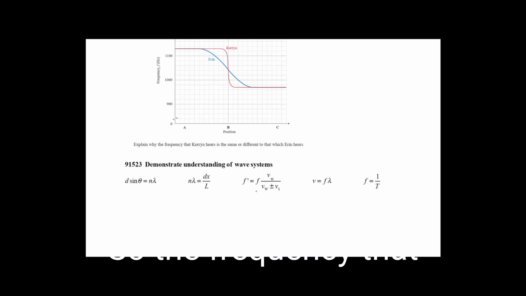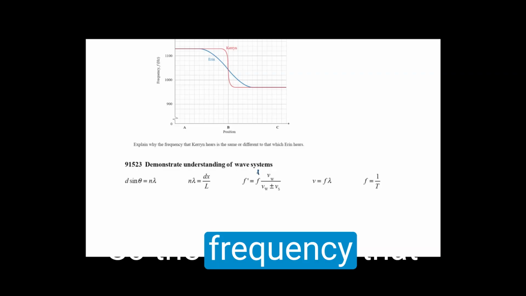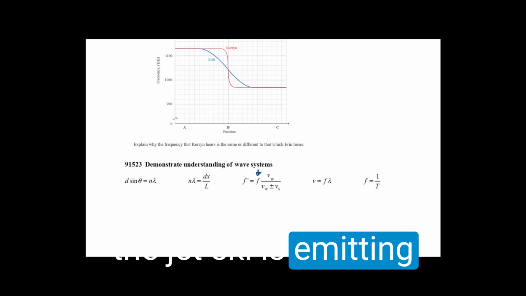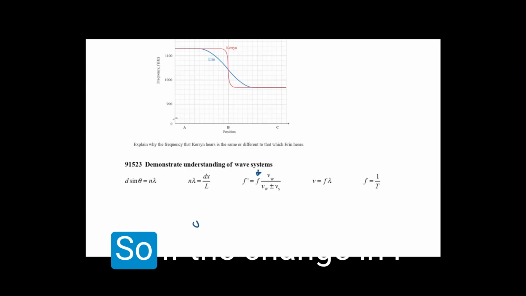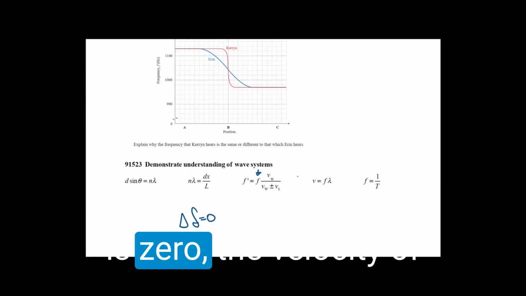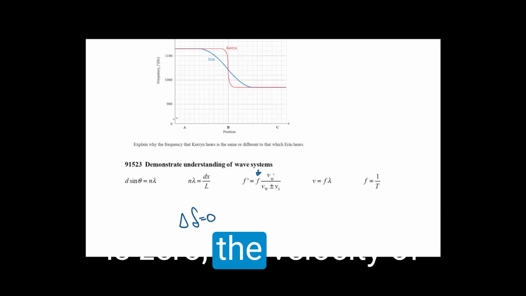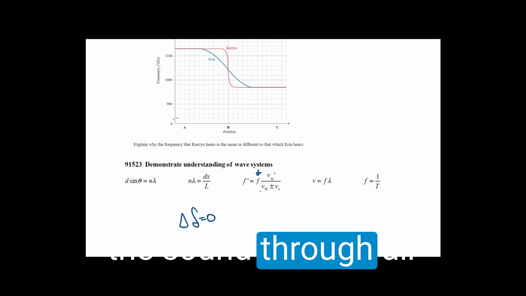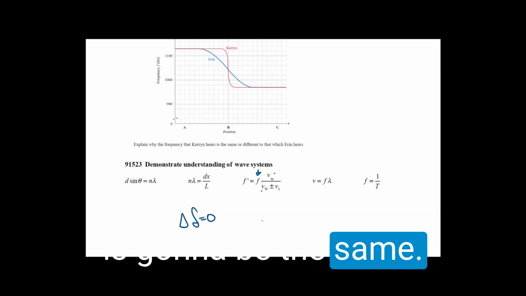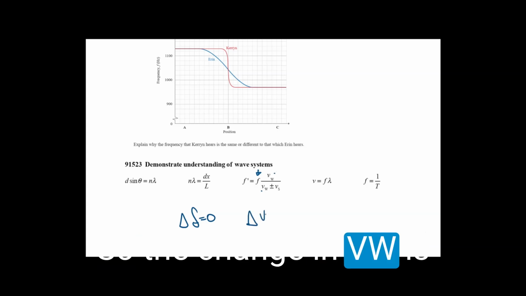So the frequency that the jet ski is emitting doesn't change. So F, the change in F is 0. The velocity of the sound through air is going to be the same. So the change in VW is also 0.